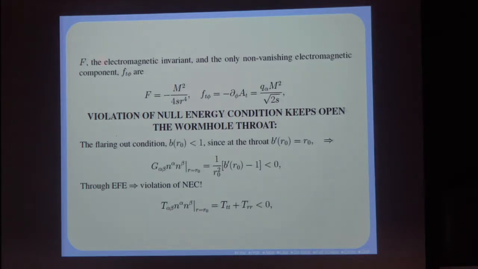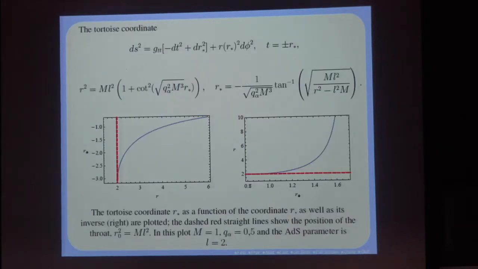As I said, the flaring-out condition is given in this way, and putting this into the Einstein equations gives us this, and connecting with the energy momentum tensor through the Einstein equations amounts to this. So we can check that this is the case in our solution, and so we have a traversable wormhole.